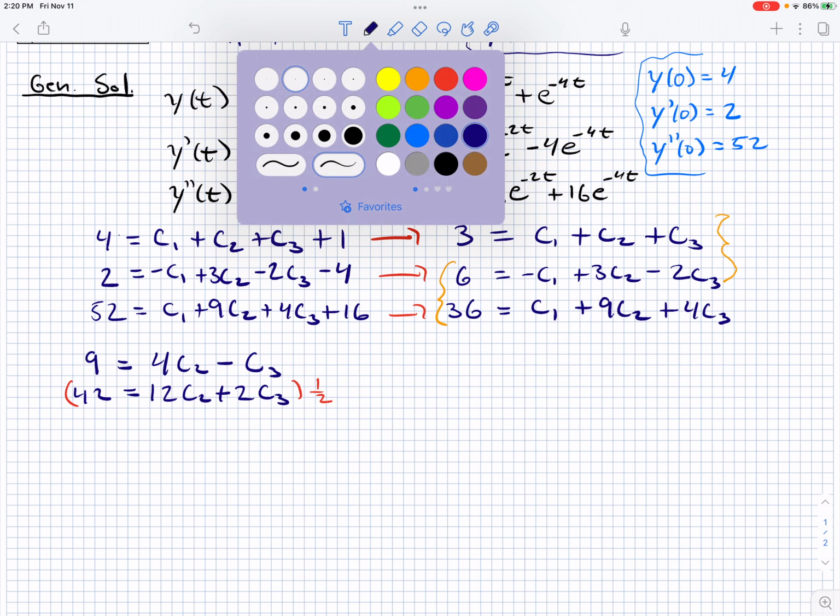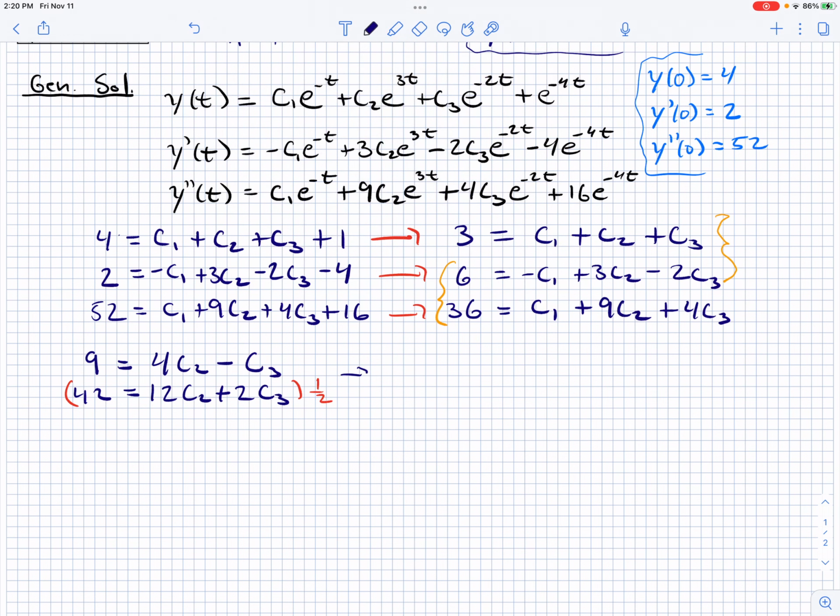When I do that, I'm going to rewrite these over here. 9 being equal to 4c2 minus c3. 21 being equal to 6c2 plus c3. Adding that together, we end up with 30 being equal to 10c2. So c2 will be equal to 3.